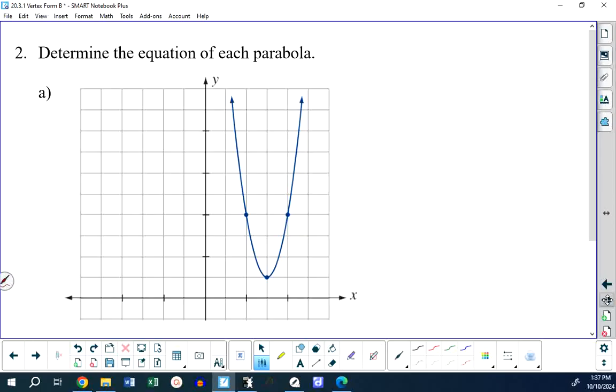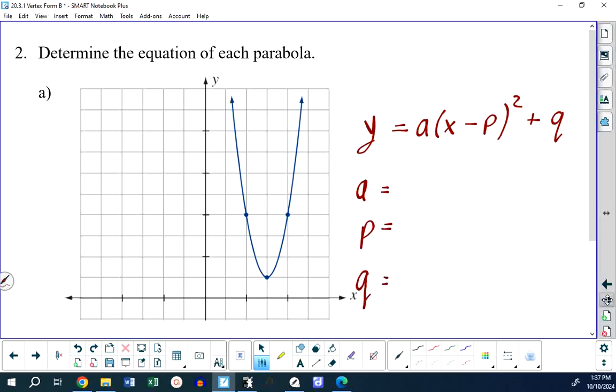And when the time comes, I'm going to highlight some key words for you. If you want to determine the equation of this parabola, and you know it's a parabola, then your problem is this. What are the values of the 3 defining parameters?